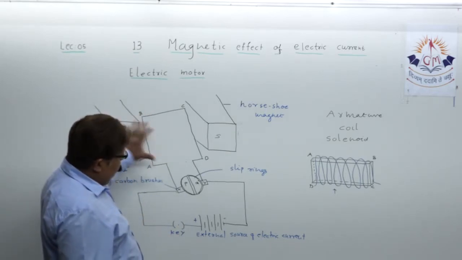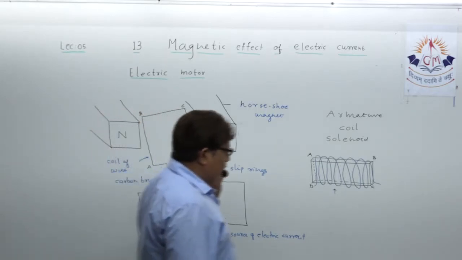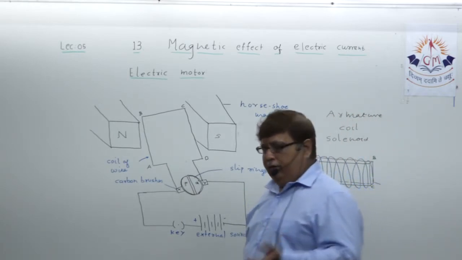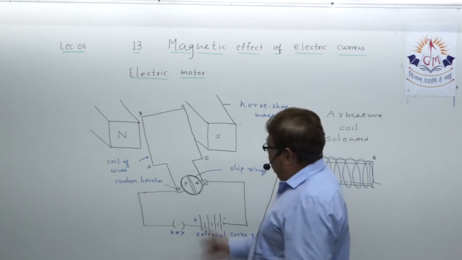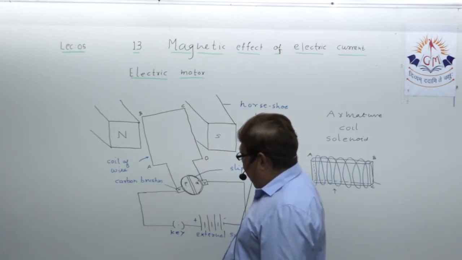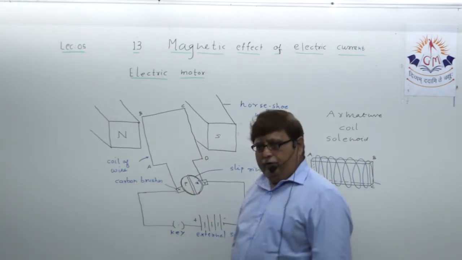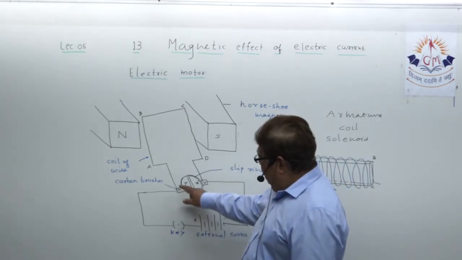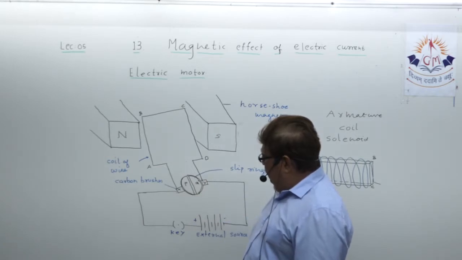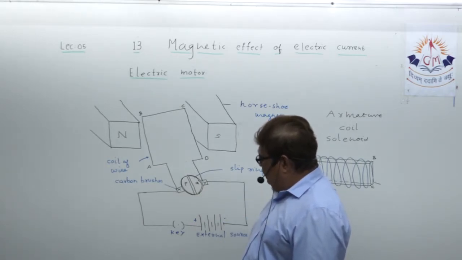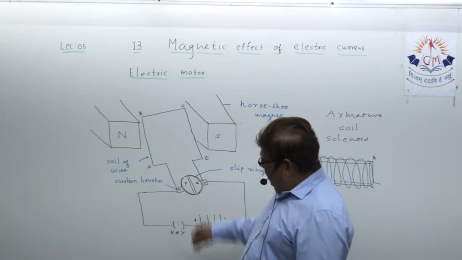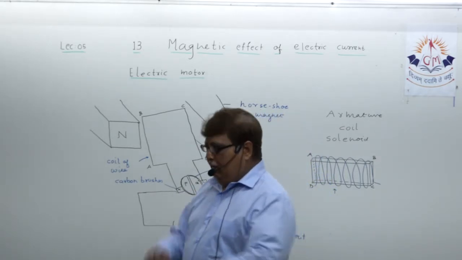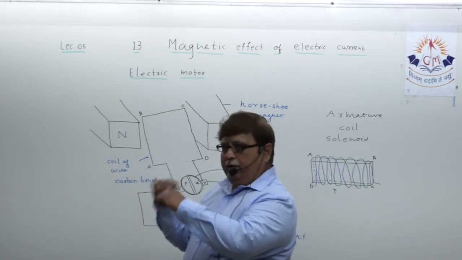But before that, all apparatus you understood: a very powerful horseshoe magnet. Inside the horseshoe magnet, there is an armature or coil of wire. Both the ends of the coil remain in contact with the slip rings, and the slip ring is going to rotate.